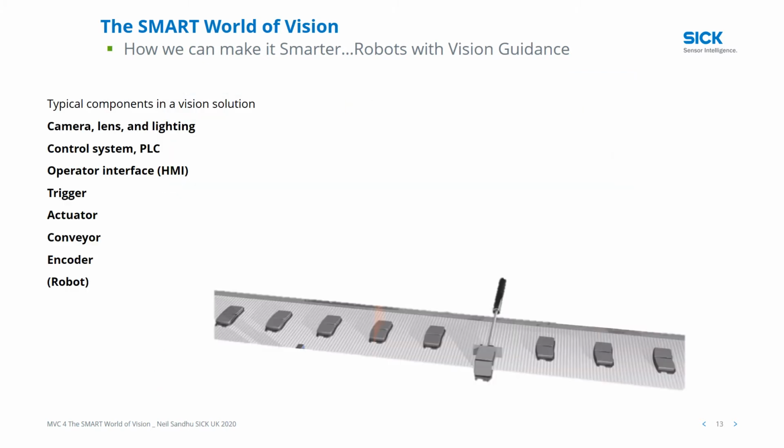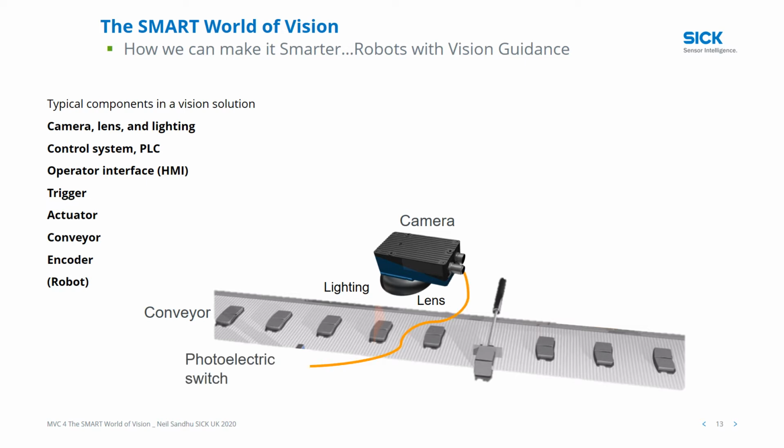So we're all moving and working towards this ideal system where we have, in this example, a production line of parts, for example, and we have the camera potentially with an inbuilt light and lens, potentially connected to some kind of trigger sensor if needed, and an encoder that makes sure if the speed of the belt changes, the camera can know about it, to make sure that we are monitoring at the right level.